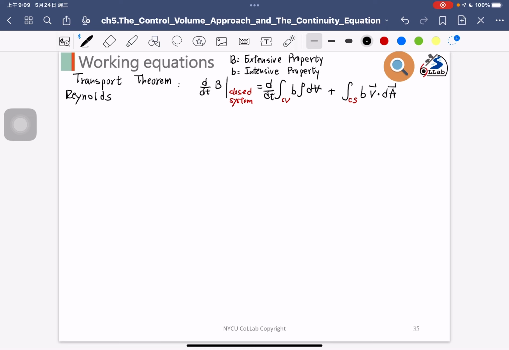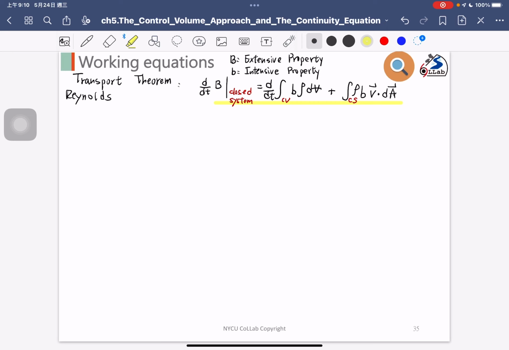So we compute the dot product inside the integration, and we still have the rho, the additional density here. This is the equation we call the Reynolds transport theorem.